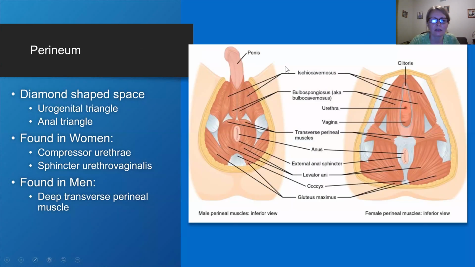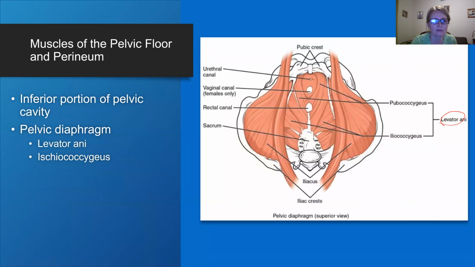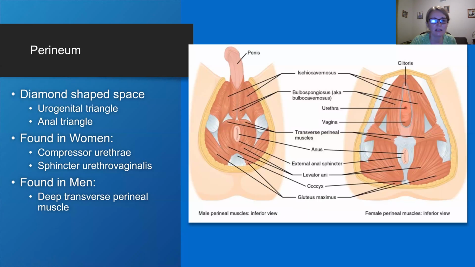Right now, perineum. How is perineum different from the pelvic floor or pelvic diaphragm? Well, perineum includes pelvic diaphragm, and it also includes other organs, for example, external reproductive organs. So that's a perineum.